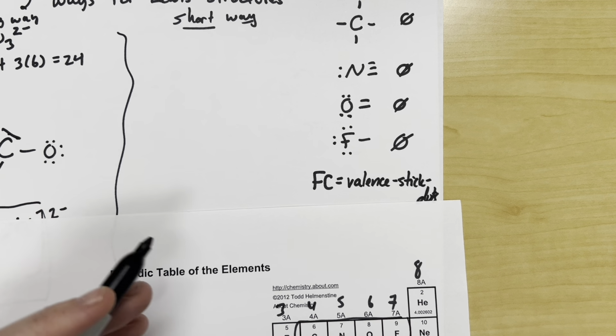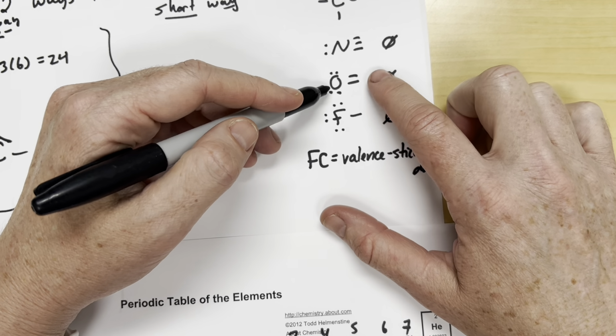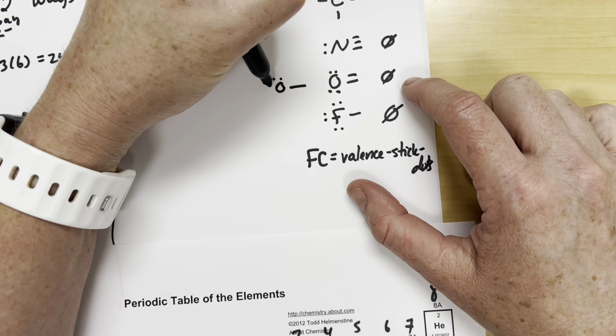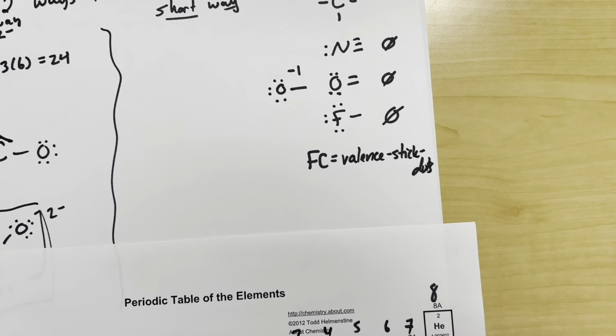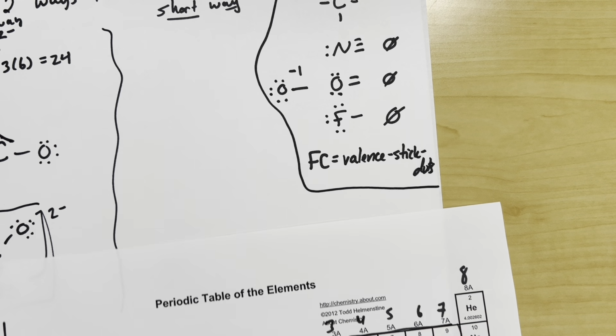But we also said that in these things, especially the ones that have oxygen, when oxygen is double bonded, it's 0, but if it's single bonded, like this, it has a -1 formal charge. Okay. So let's go back, and with that information, see if we can figure out the shorter way.